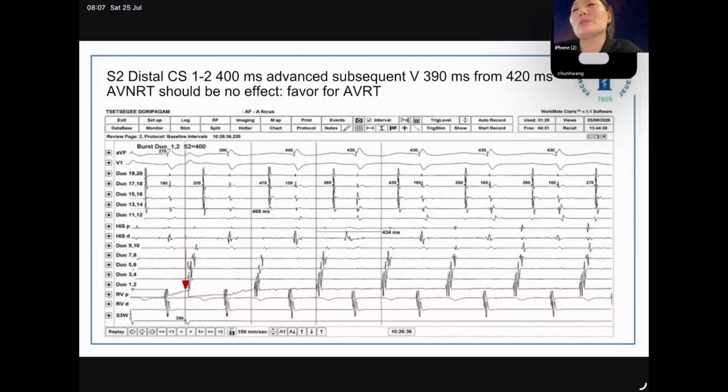It helps us to exclude the AVNRT, because when the pacing site is close to the bypass tract, it more rapidly advances the V site.